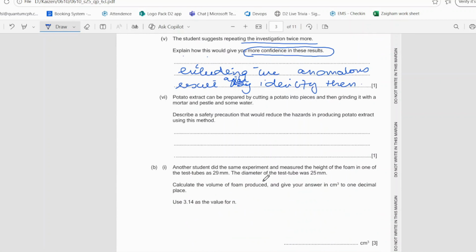Potato extract can be prepared by cutting potatoes in two pieces and then grinding it with mortar and pestle and some water. Now you have to give a safety precaution to prevent or reduce any hazard. You are cutting and then you are grinding, so there can be two hazards. Mention any one.